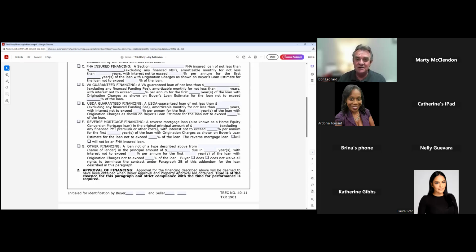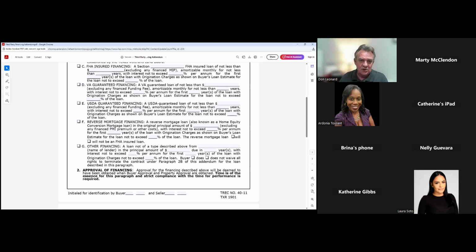They even put it in the contract that the down payment can only be money that you have direct access to, or that you have included in the sale of other property contingency. So they really have tried to tighten up the rules on that.